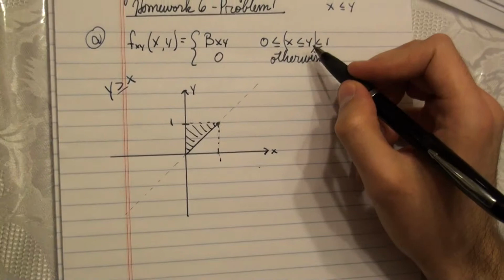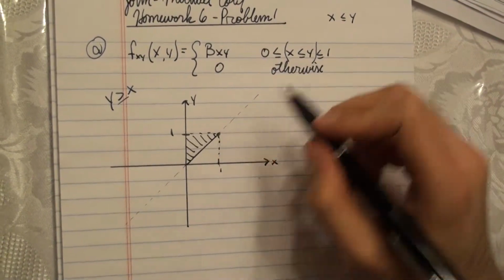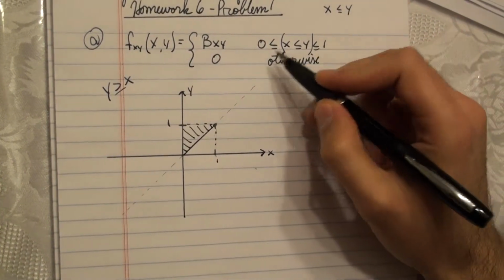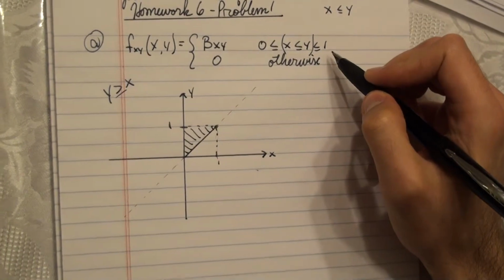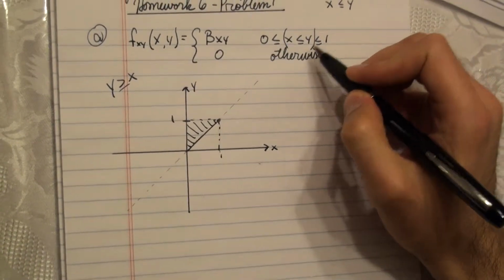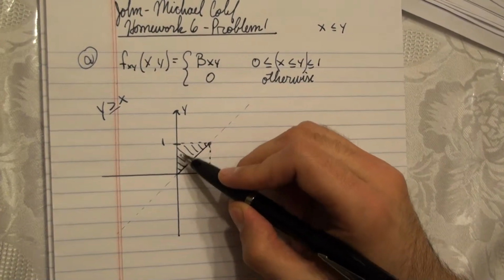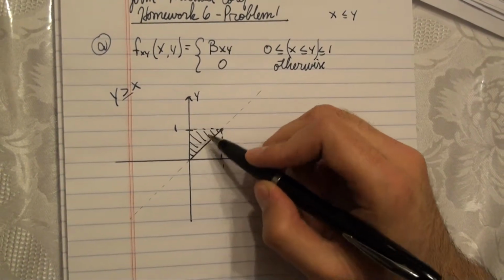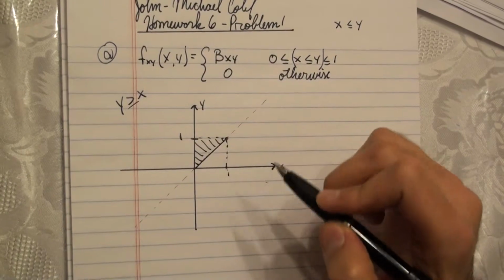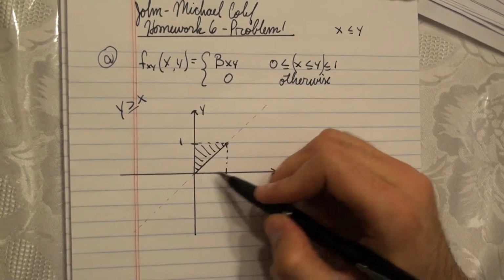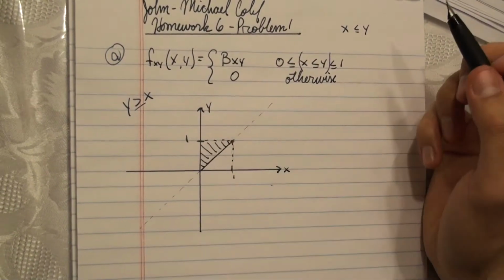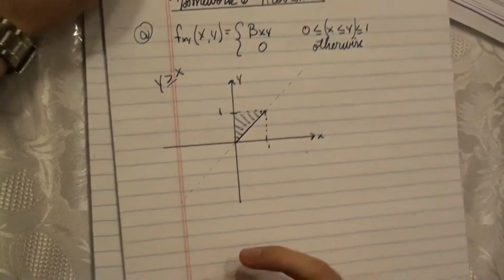However, we have to be careful because it's whatever is above this line but within the region 0 to 1. So y is between 0 and 1 and x is between 0 and 1. We only care about the above piece, within the intervals 0 and 1 for both x and y. So that's what this looks like.